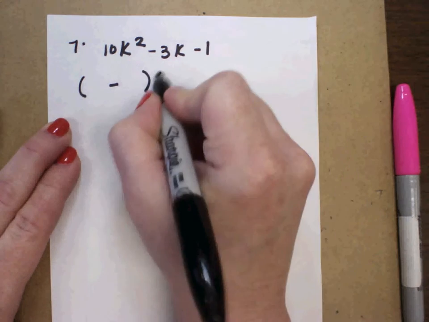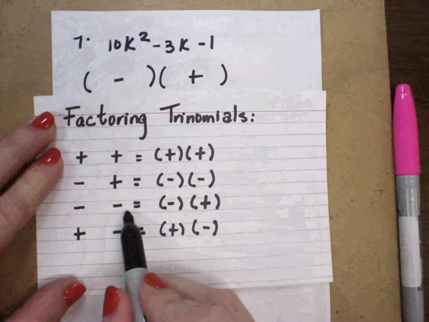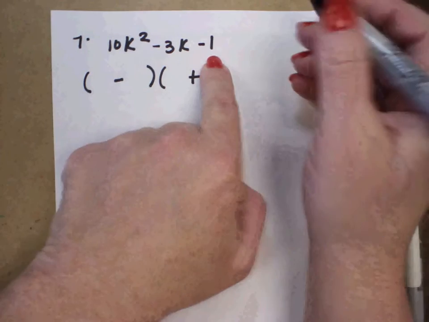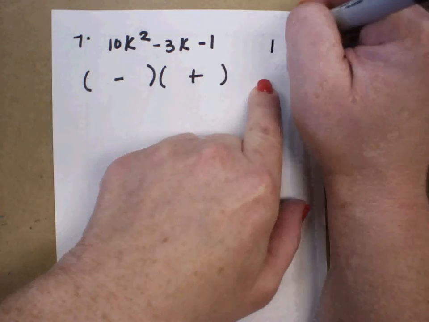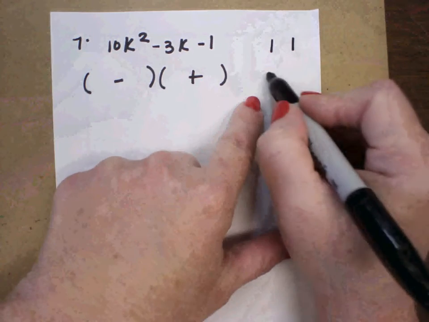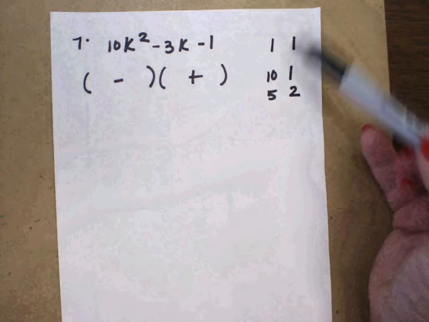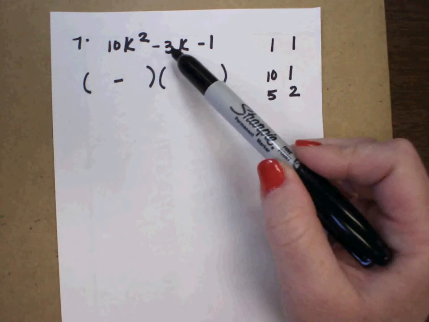I don't think it's going to be 10 because I need a 3. That's a small number, right? Because if I do 10 times 1, now I'm subtracting, right? Because they're different signs, I'm subtracting. So if I do 10 times 1, that's 10. If I take away a 1, that's not going to be 9, right? So it's not that one. So it's got to be 5 and 2.